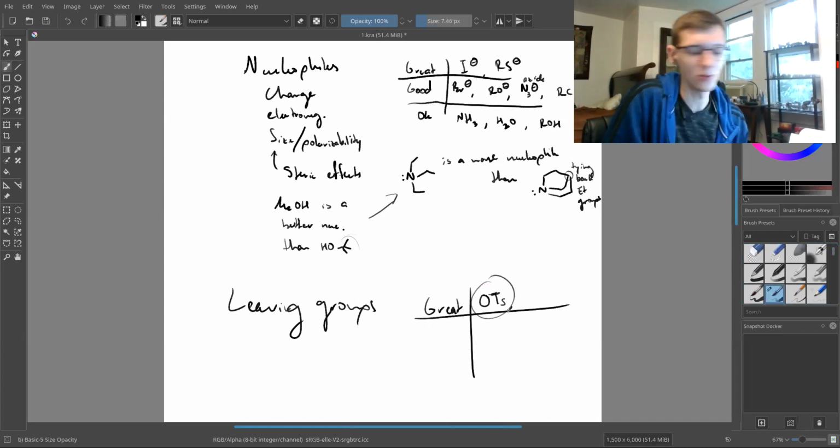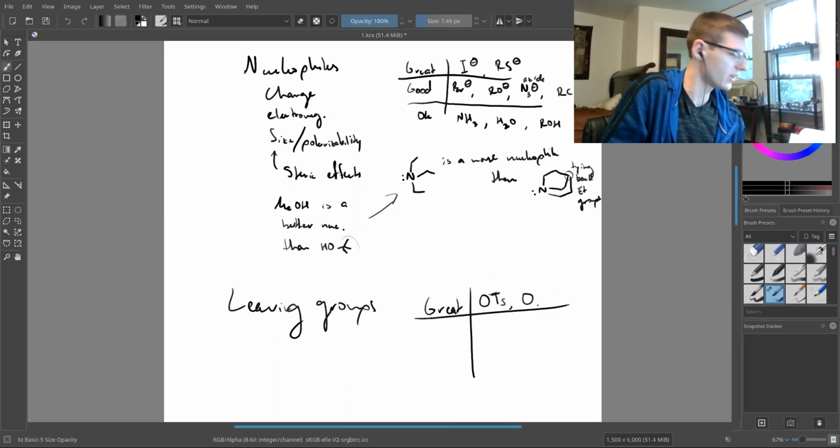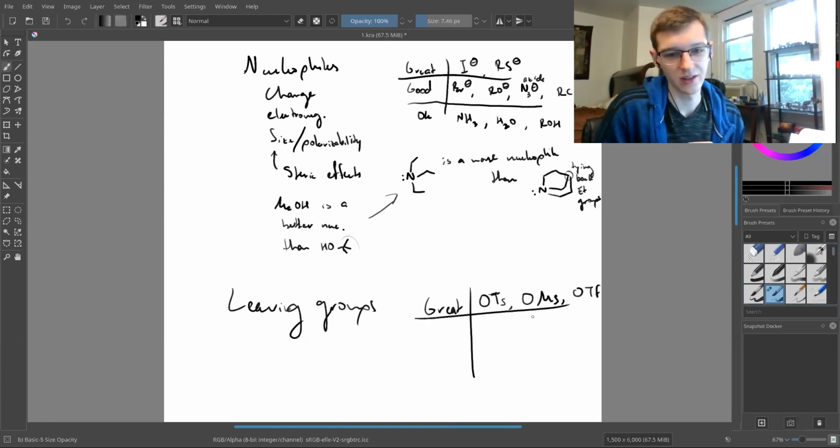This is the main one that we use. We don't really talk about the other ones that much, but you might see them show up. So there's also O-mesylate and O-triflate. Those are good too.